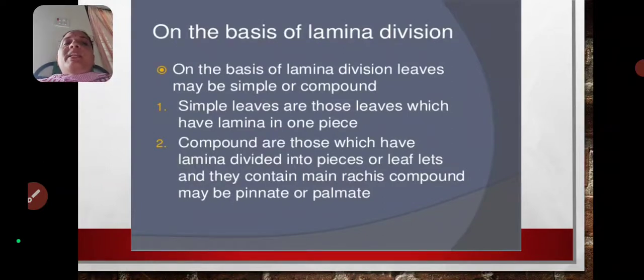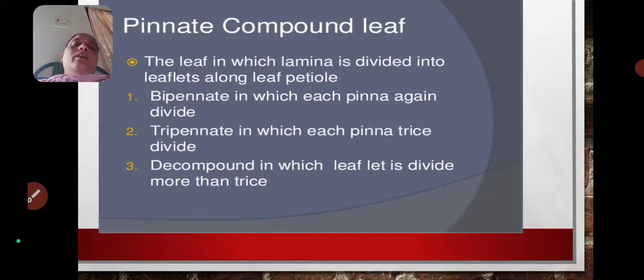Compound may be pinnate or palmate. This is called a compound leaf, and the compound leaves are of different types: pinnately compound leaves and palmately compound leaves. If you observe, this is a pinnate compound leaf, in which the lamina is divided into leaflets along the leaf petiole.